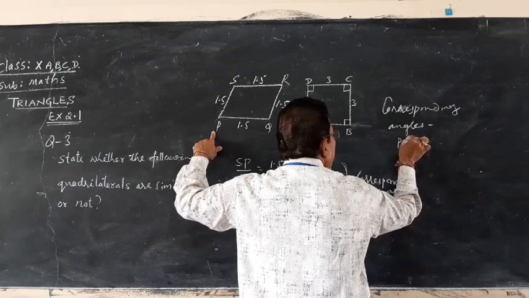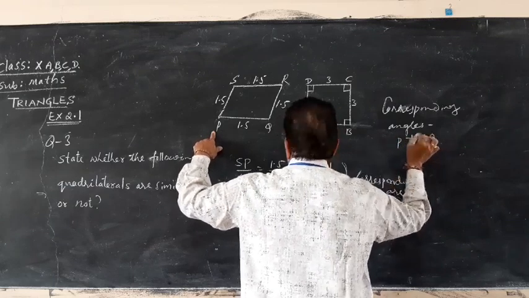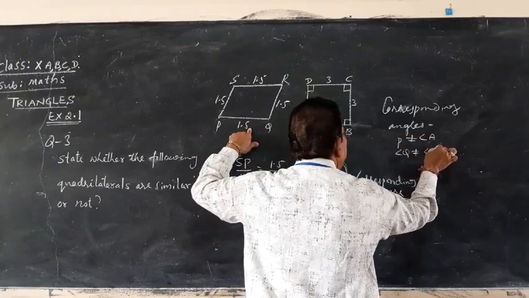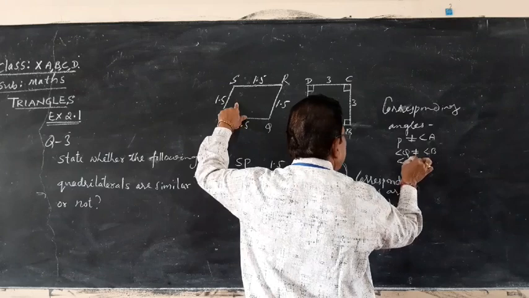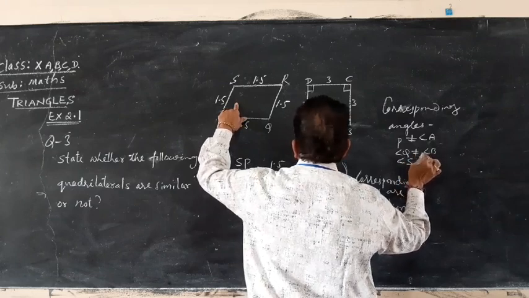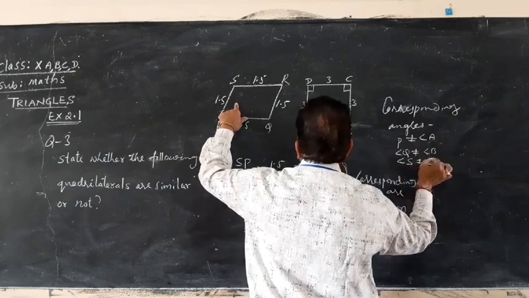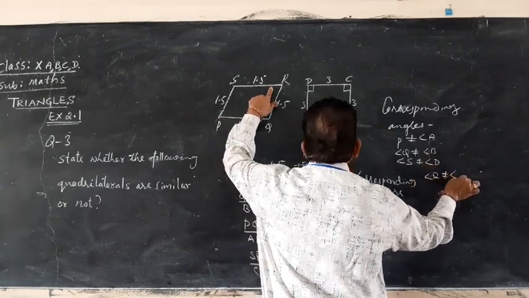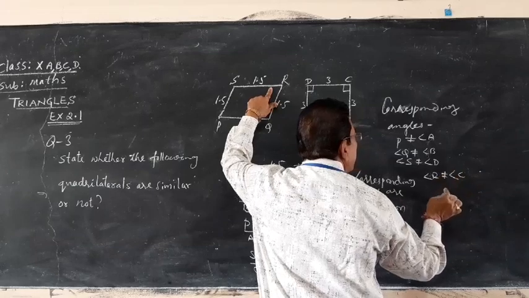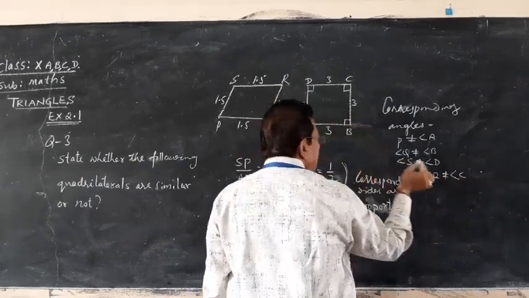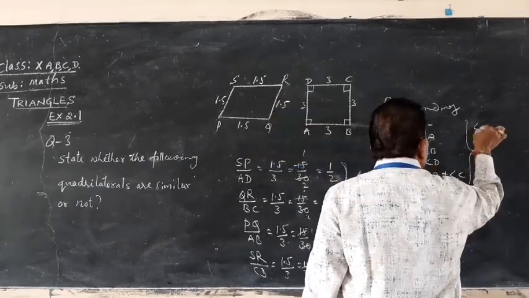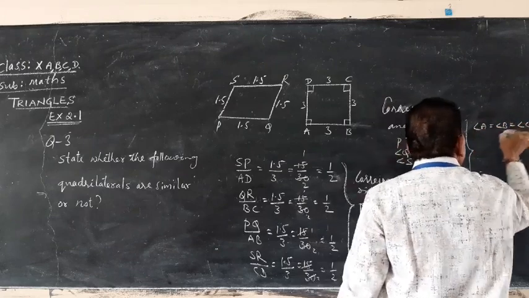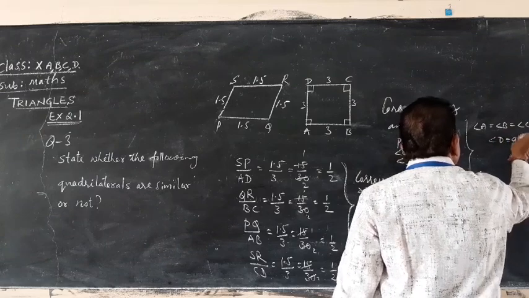Angle P is not equal to angle A. Angle Q is not equal to angle B. Angle S is not equal to angle D. Then angle R is not equal to angle C. That means angle A equals angle B equals angle C equals angle D equals 90.